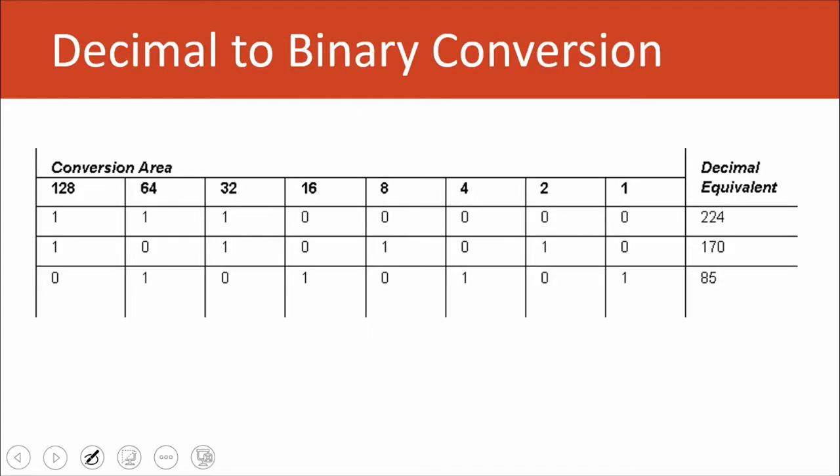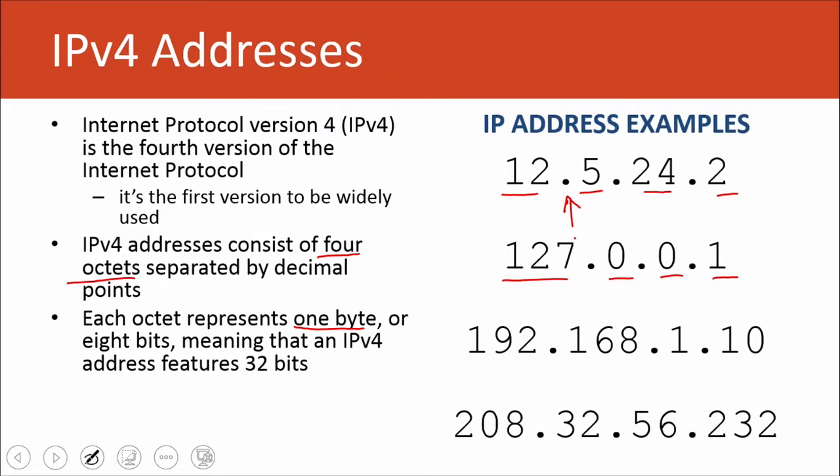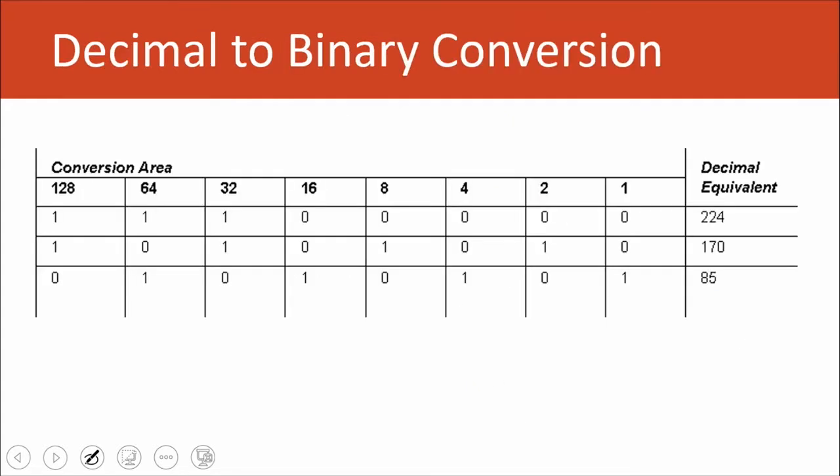What that also means is that we can convert those decimal values into binary. Let's take a look at a simple octet here. Let's say 192 as an example. We'll go back to this chart.